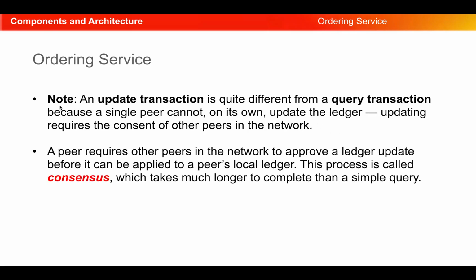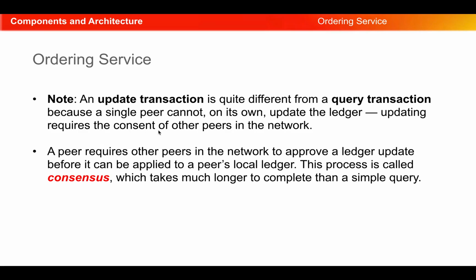As we have already seen in the peer structure, there is a difference between update and query transactions. When it comes to an update transaction, we need to go through a process called consensus. Let us look into that in more detail. An update transaction is quite different from a query transaction because a single peer cannot on its own update the ledger.